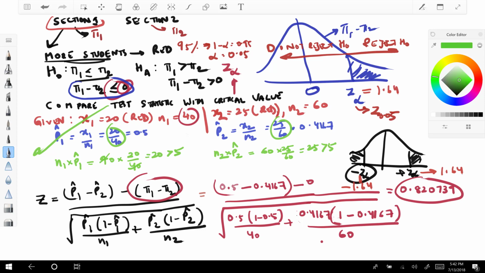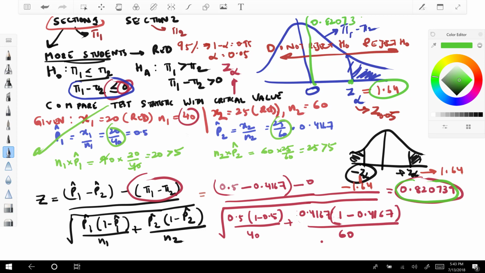Now we will look at 0.82073. Where does it lie? If this point here is 1.64, 0.82 would lie to the left. So that's where it lies, at 0.820739.